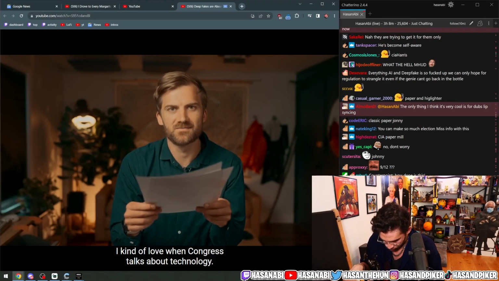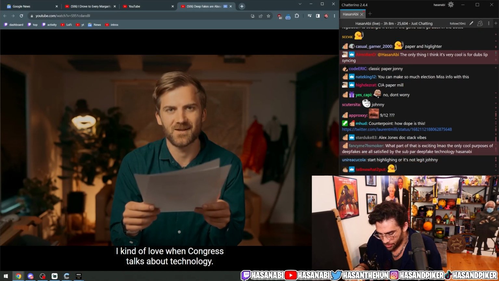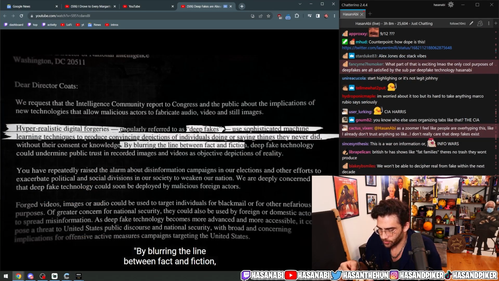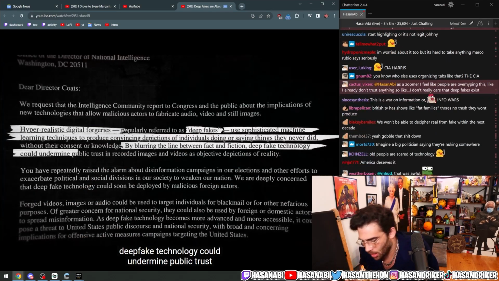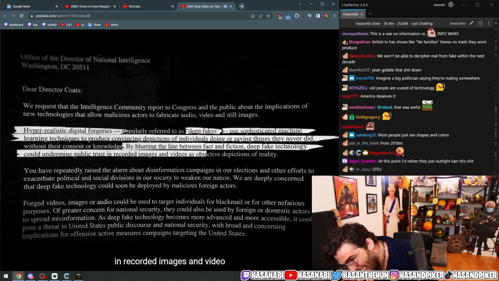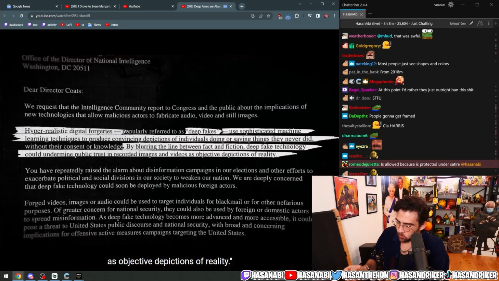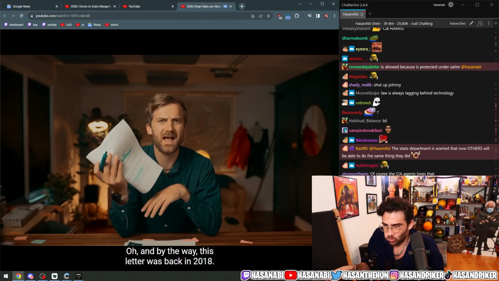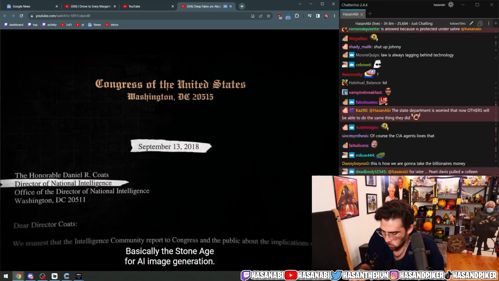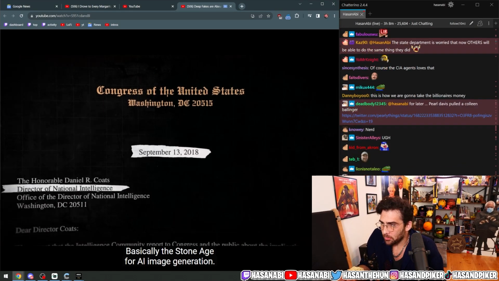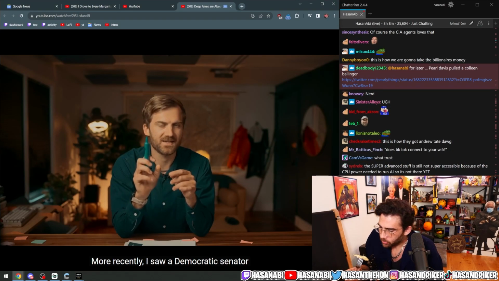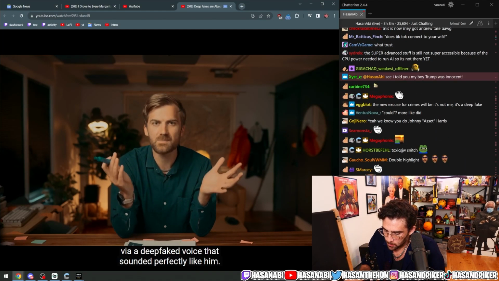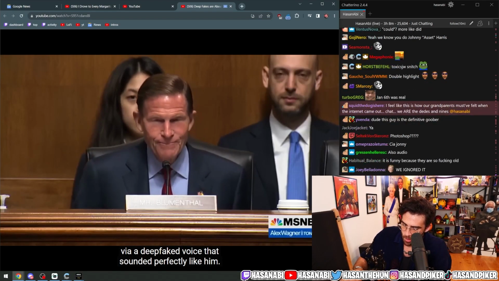I kind of love when Congress talks about technology. And this is the most important line. By blurring the line between fact and fiction, deepfake technology could undermine public trust in recorded images and video as objective depictions of reality. Oh, and by the way, this letter was back in 2018, basically the Stone Age for AI image generation. More recently, I saw a Democratic senator giving his opening remarks to his colleagues in Congress via a deep-faked voice that sounded perfectly like him.